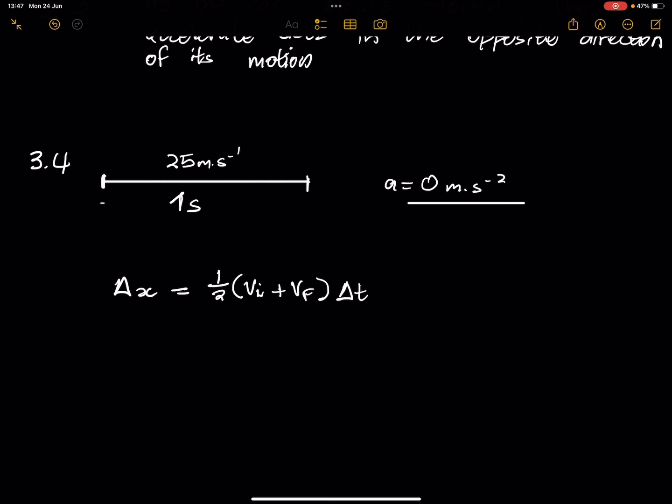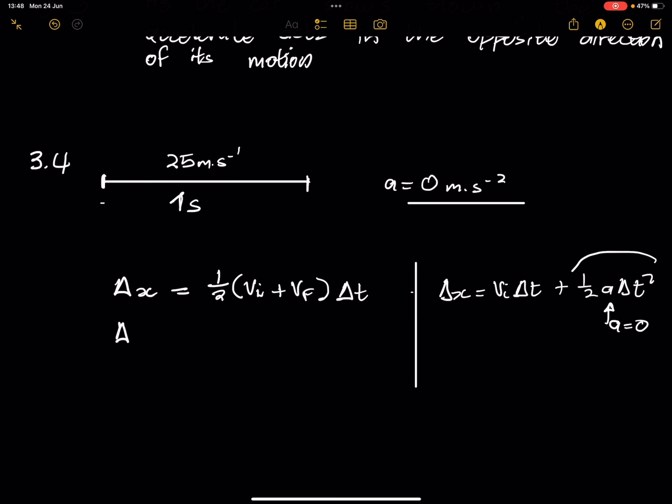And I want you guys to also note, we could have used this equation. Now note, if I said delta x is vi delta t plus 1/2 a delta t squared, notice that because the acceleration is 0, a is 0. So this means that this entire term falls off.